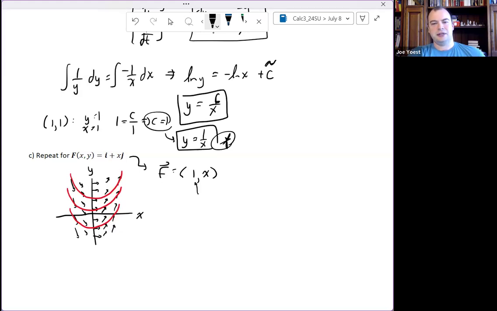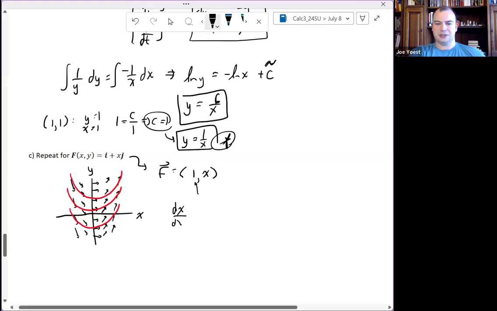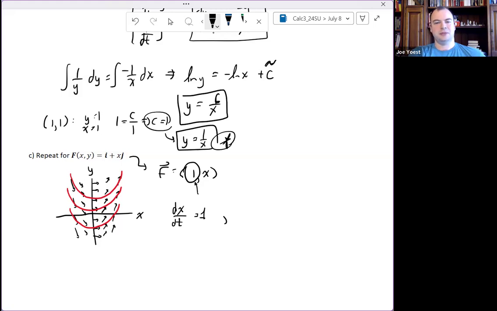So here I see that dx dt, the instantaneous rate of change in the horizontal position with respect to time, is the horizontal component of f, it's just 1. The instantaneous rate of change in the vertical position of my little particle or ping pong ball is the vertical component of f, it's x.